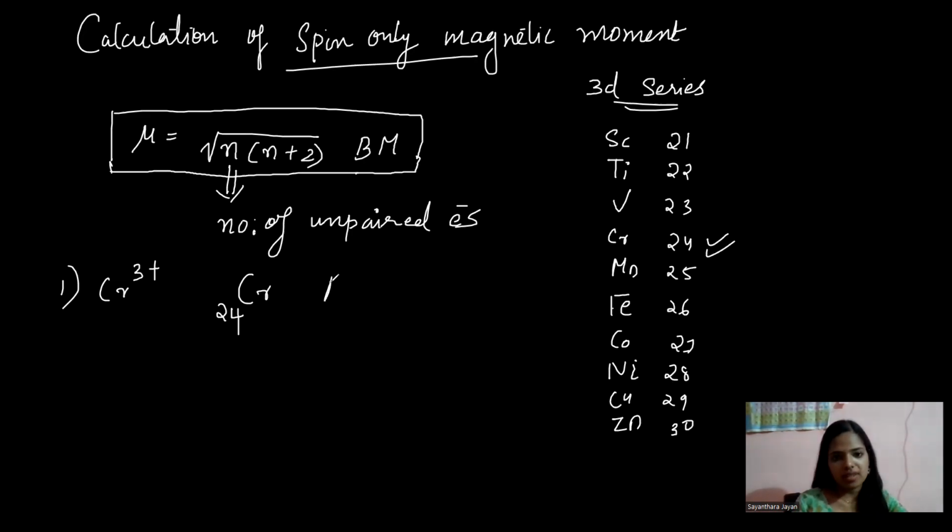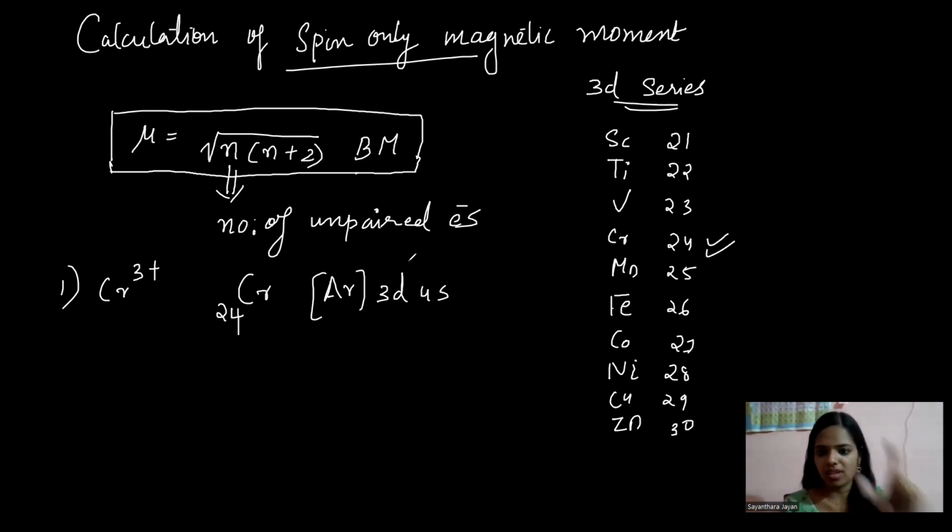So the configuration will be, first, for the neutral chromium atom, not Cr3+. The condensed configuration is argon, the noble gas configuration of 18, then you have to fill the 3d and 4s subshells. There is an exception in the case of chromium and copper.